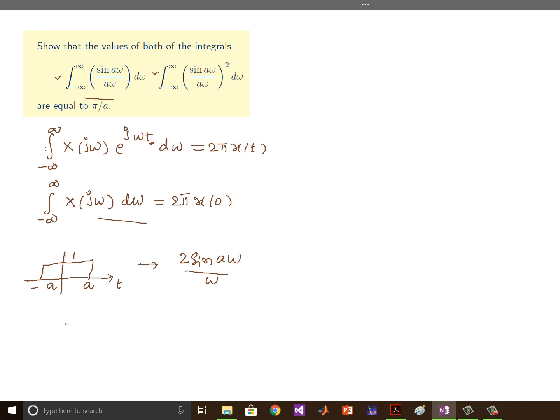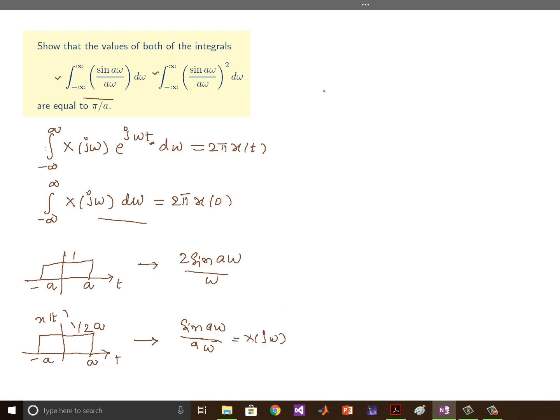By multiplying the signal with 1 by 2a, we again have the same rectangle from minus a to plus a, but with the amplitude multiplied by 1/(2a). This will have sin(aω)/(aω) as its Fourier transform. Let us call this x(t) and this X(jω).